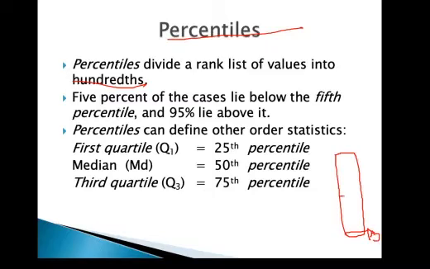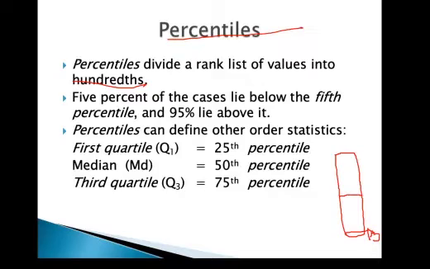This is the 50th percentile, that's higher than 50% of cases and lower than 50% of cases. Class, the 50th percentile is also called the second quartile and the 5th decile. Percentiles can define other order statistics.